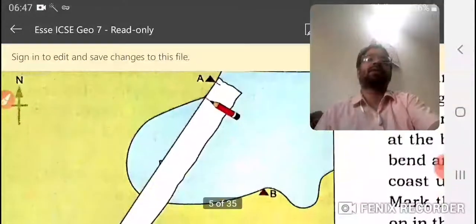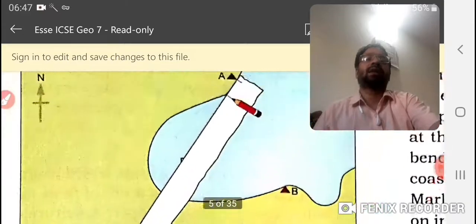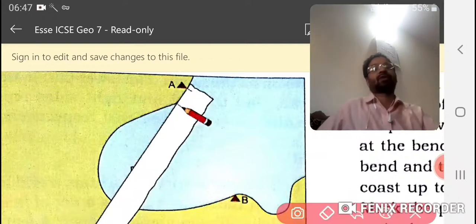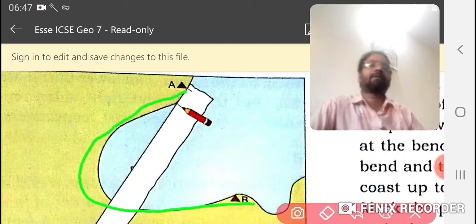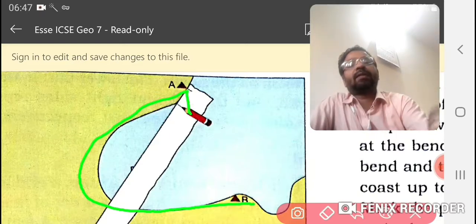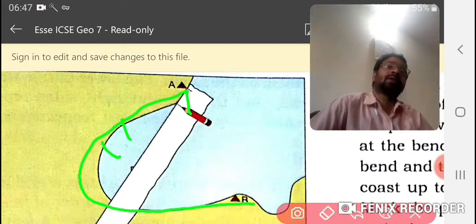Here in this figure you see, the first figure, the shape of the coast, you can see it is something like a bay. This is the coast. So by using the scale, it is very difficult to measure it. First from here to here, then again here, isn't it? So many steps. By using so many steps only we can get the actual distance.